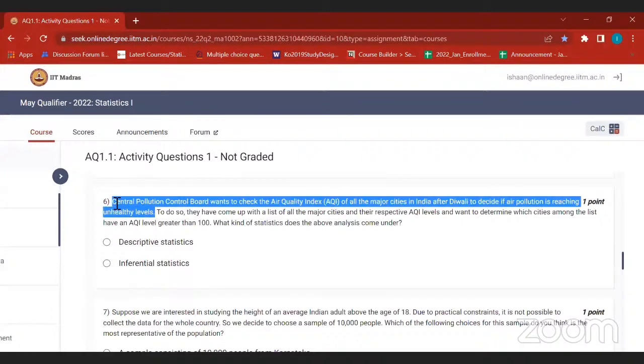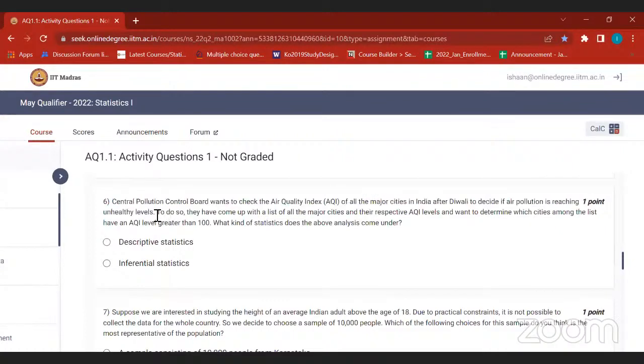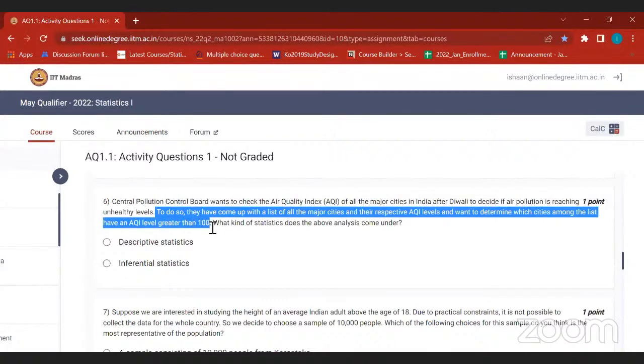No, the first line is just to tell you why the Central Pollution Control Board is doing it. The major thing starts from here. We come up with a list of major cities and their AQI, and we want to determine only the cities with AQI greater than 100. That's it. The first thing is the board's motive. They will, after that, do some inferential statistics. But for now, we are only interested in determining this.